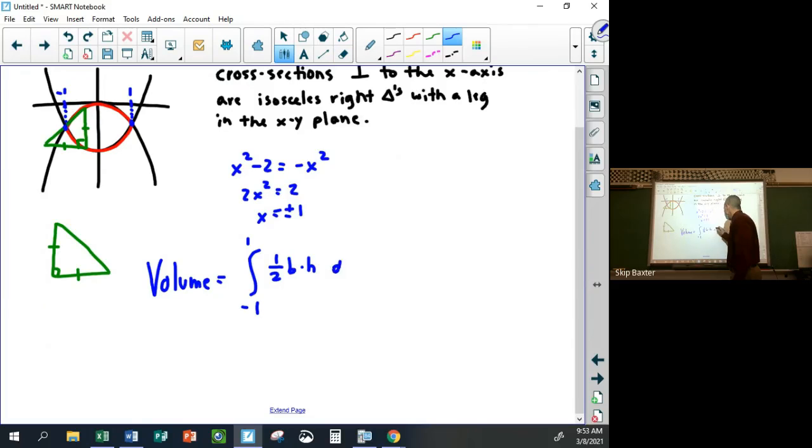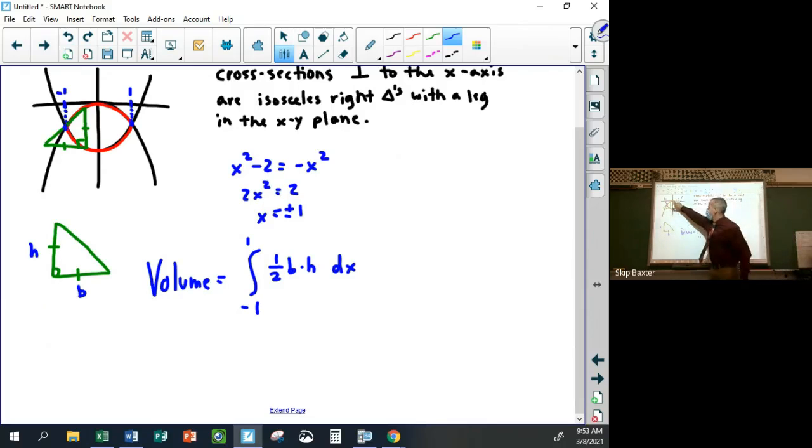Now, all you have to do is replace base and height with what they actually are in terms of x. So what's the base? Well, in this case, I know the base and the height are equal, right? Because it's an isosceles right triangle. Well, what are they in terms of x? Perfect. Yeah, it's just the difference between the top curve and the bottom curve, right?